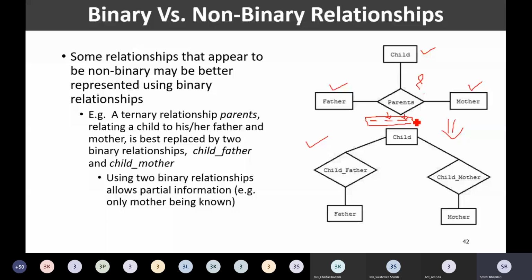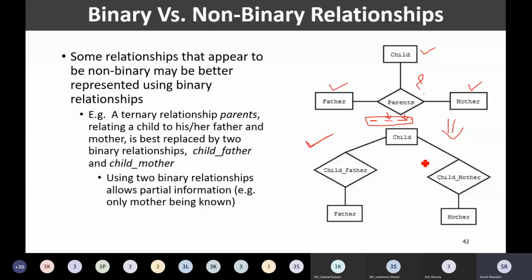Okay? And if I want to overcome this problem, in case all the data is not available with me, I would prefer to go with this particular design. Wherein it is possible for me to store separately the information related to father, and also to store separately the information related to mother.